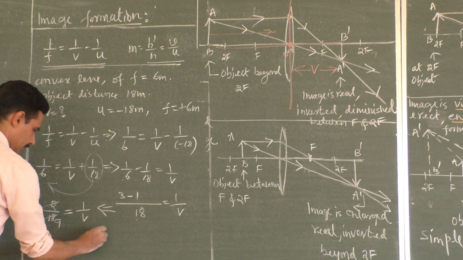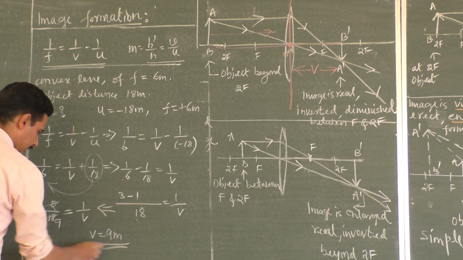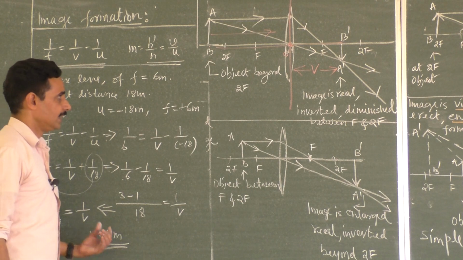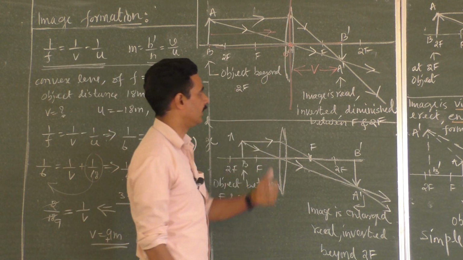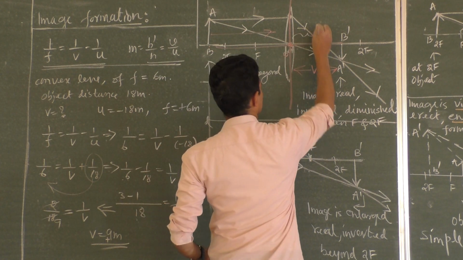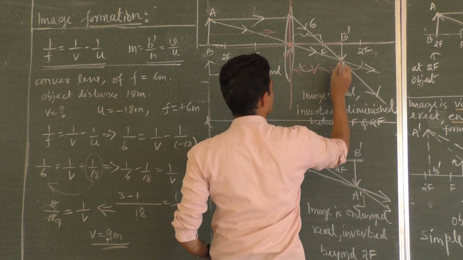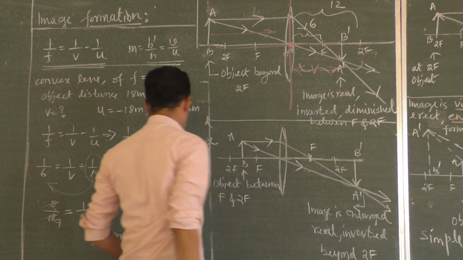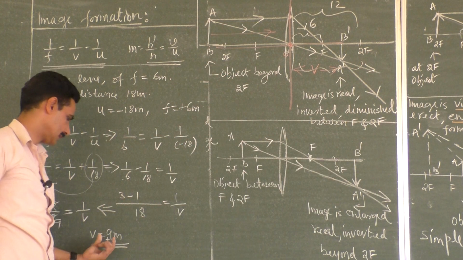What is v? v is equal to 9 meters, and we got it as plus 9 meters. Is the answer correct? Yes, it lies between 6 and 12, right? Focal length is 6 and double the focal length is 12. 9 comes somewhere in between, and it is positive on the other side, so the answer is correct.